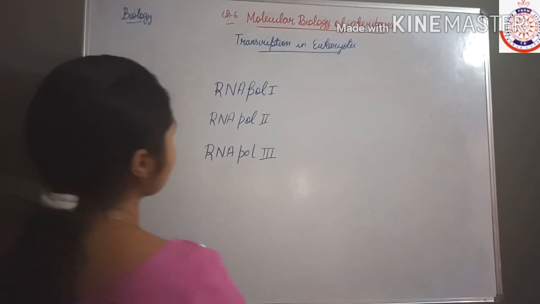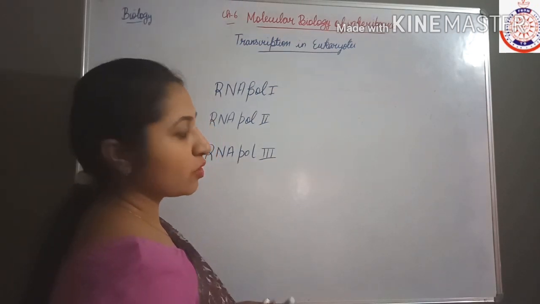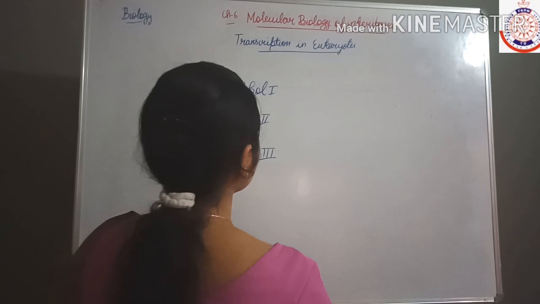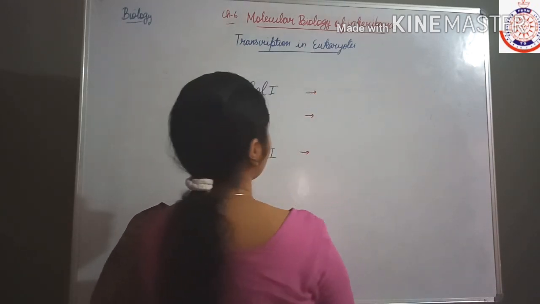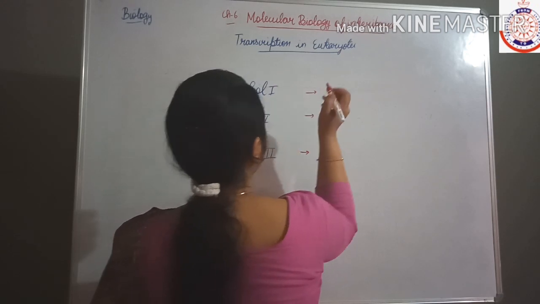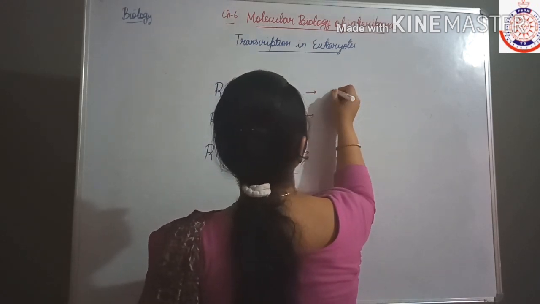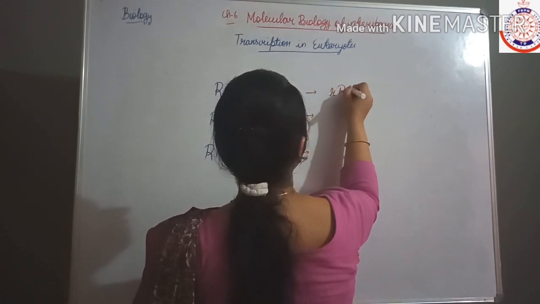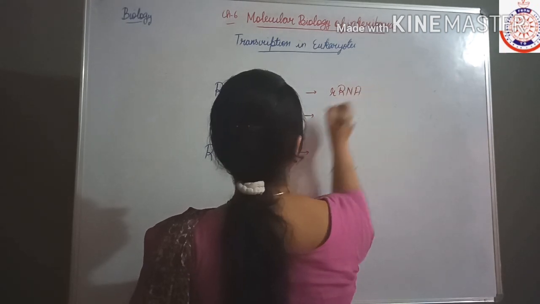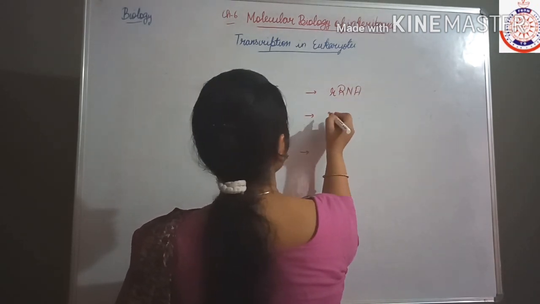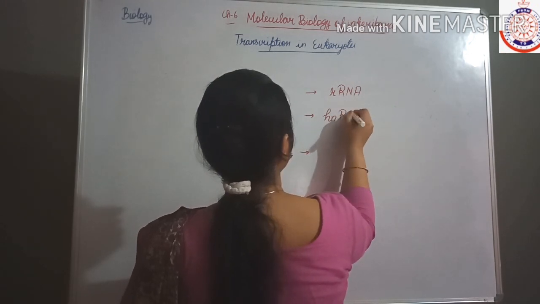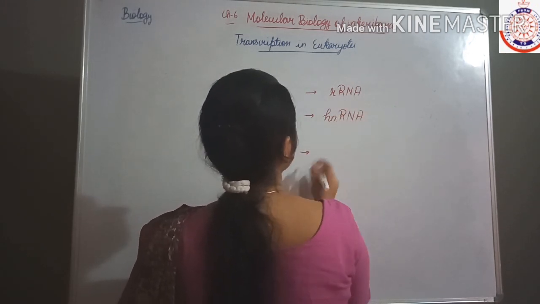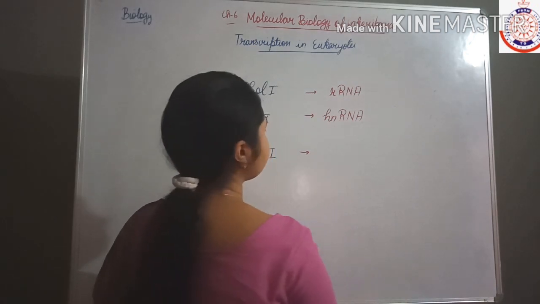These 3 types of RNA polymerase are responsible for the formation of different types of RNAs. RNA polymerase first is responsible for the synthesis of rRNAs, and RNA polymerase second is responsible for the synthesis of hnRNA, that is the heterogeneous RNA.